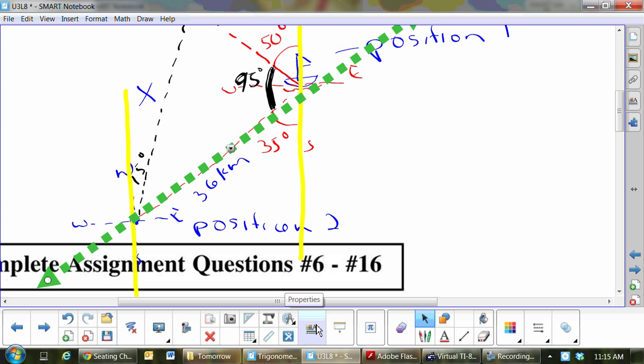Okay, so let me just show you that now. If you go back to the page that I just talked about, there's my highlighter here. So this angle here should equal that angle there. Those are nice big thick ones. Okay, so these two angles should be equal.